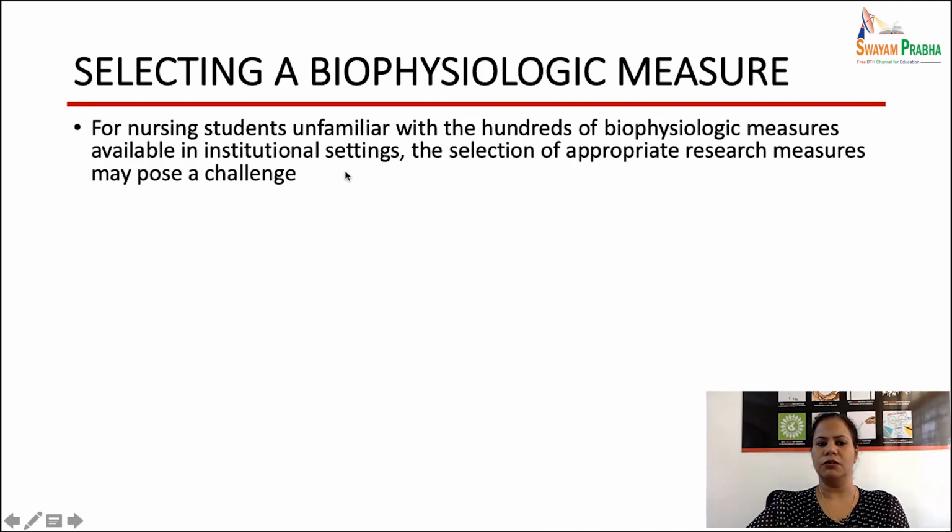So they should know what type of biophysiological measurement will be useful for their study, one which they should not have any problem using. They can take the help of experts to decide which particular biophysiological measurements will be useful for their research study.